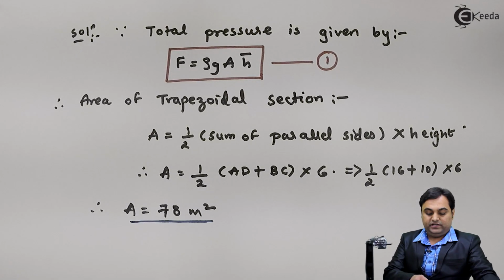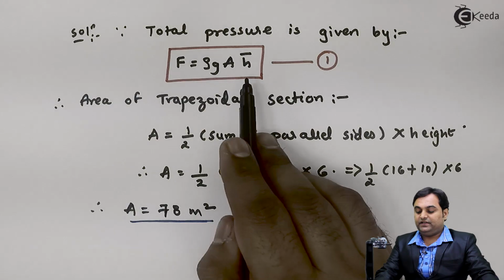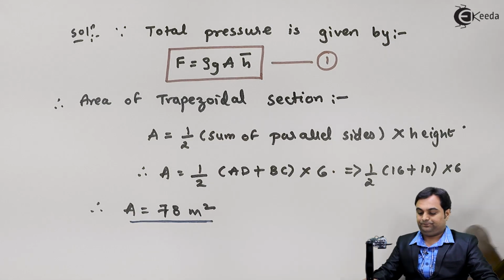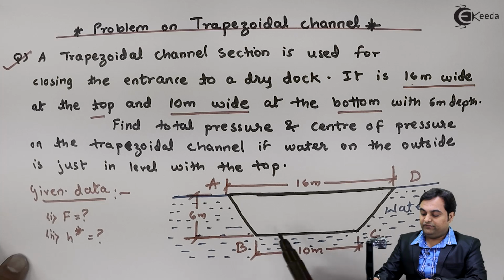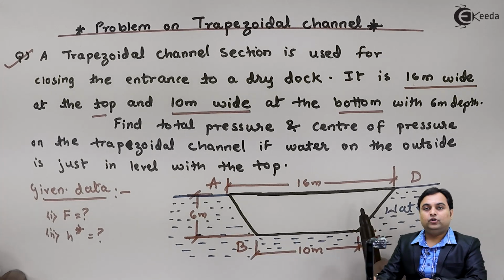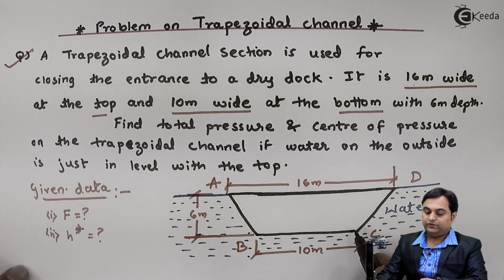Now once the area is known, the next thing is to calculate H bar. And what is H bar actually? It would be the location of the centroid for this trapezium section.